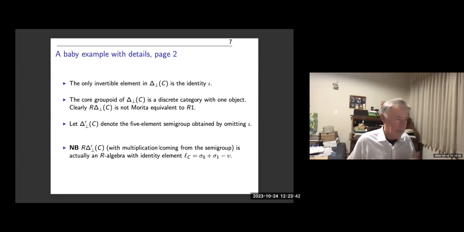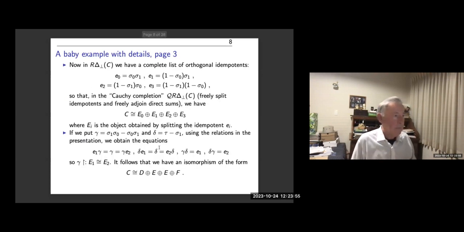I don't expect you to see why that's true, but it is true that you get an identity element even if you leave out the original identity, and that's a strange phenomenon which comes up here.